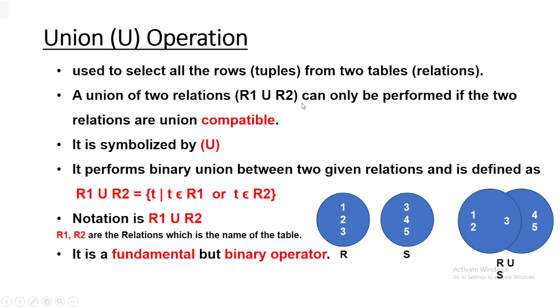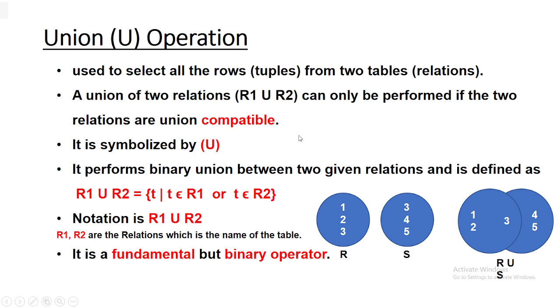But what happens when we perform union operations? These two relations must be union compatible. What do you mean by union compatible? For the union operation to be valid, the following conditions must hold.